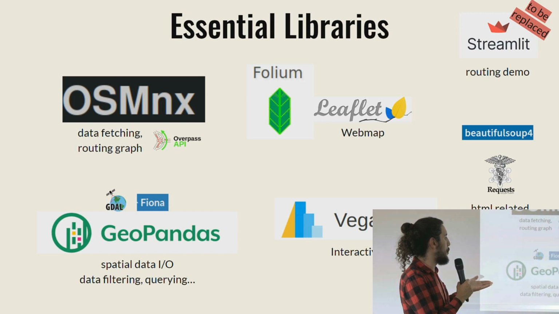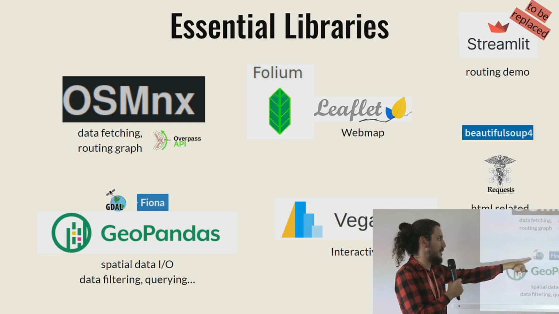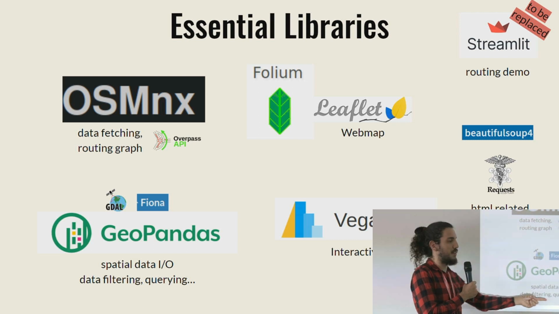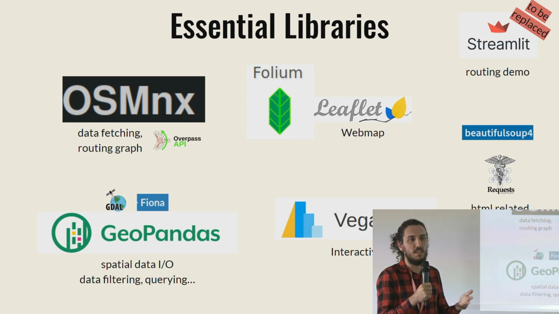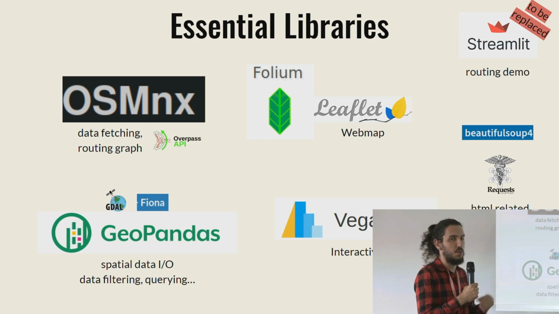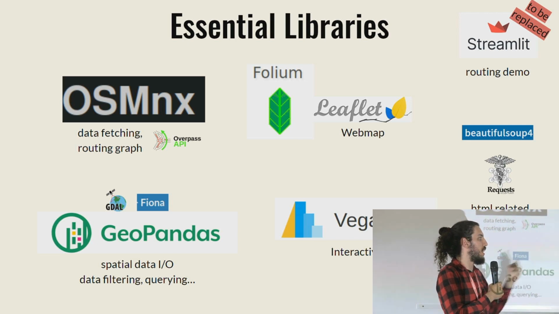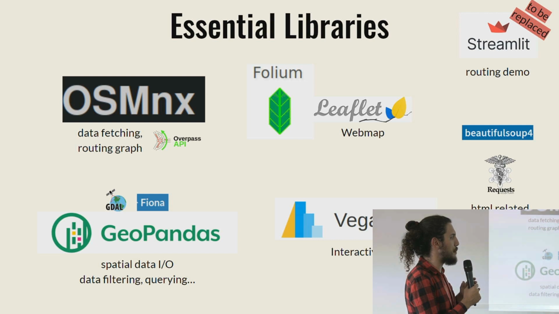And there's GeoPandas that does all the geospatial abstraction, that encapsulates GDAL and Fiona, and does the data filtering, the querying, everything that you generally do in the context of geospatial data science. And there's the amazing library named Altair that allows creating those interactive maps.